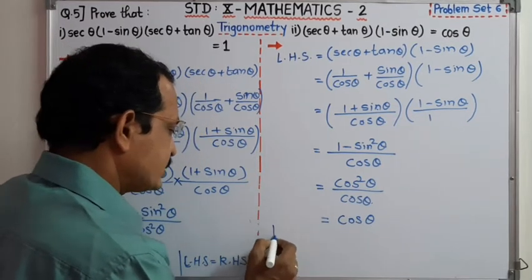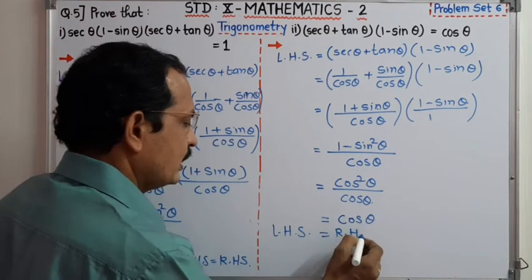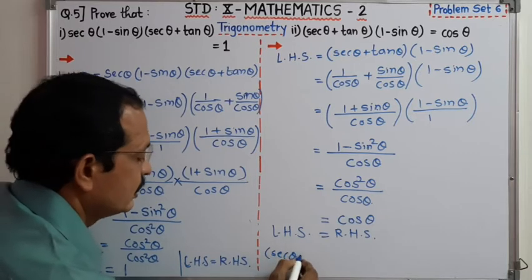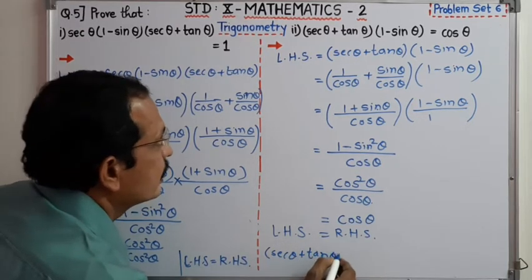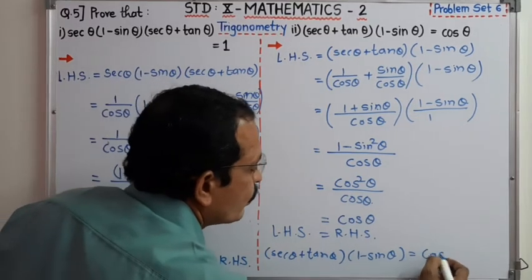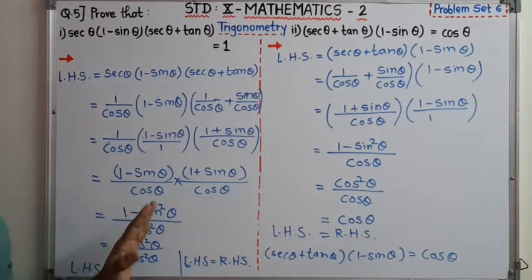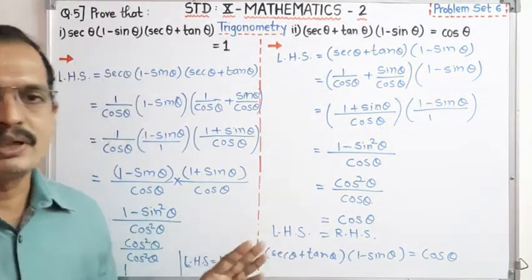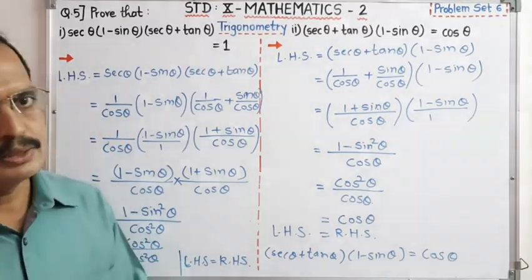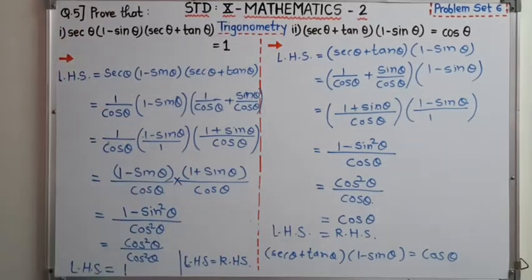Therefore LHS is equal to RHS, and therefore we can write (sec theta plus tan theta) into (1 minus sin theta) is equal to cos theta. Very simple and interesting 2 to 3 marks questions. Generally 3 marks questions are asked on this. Therefore do the practice.